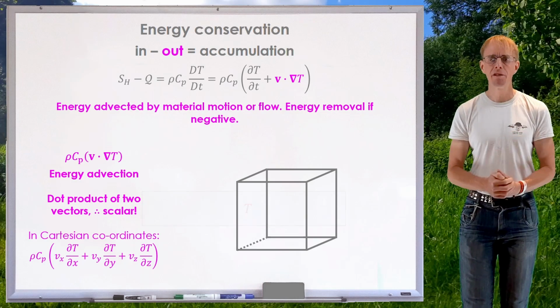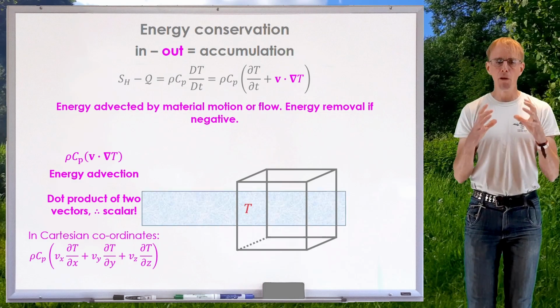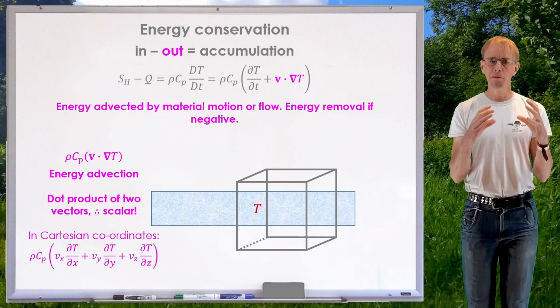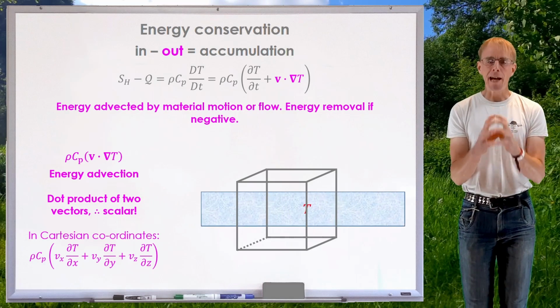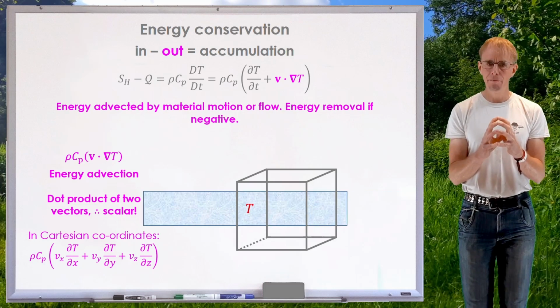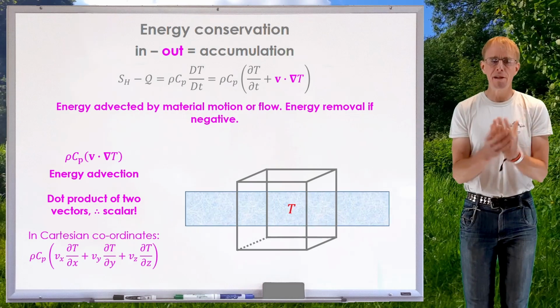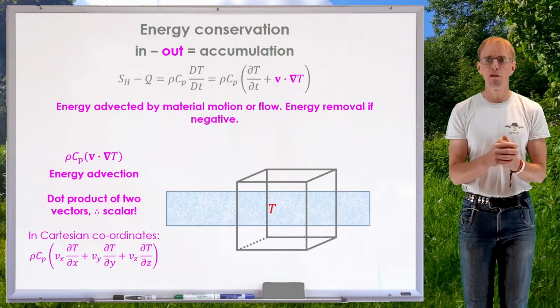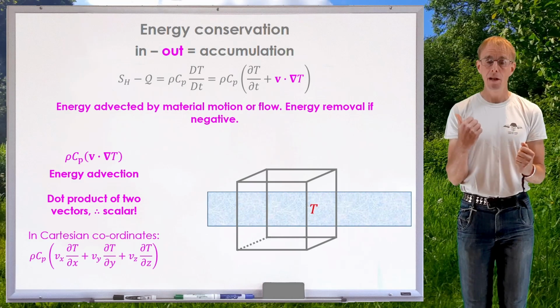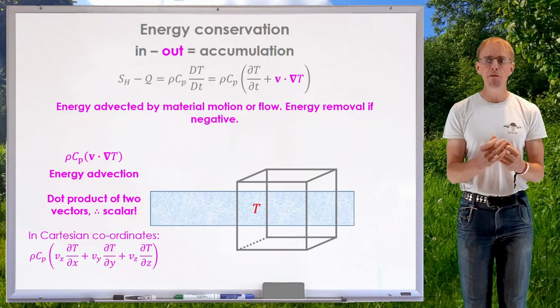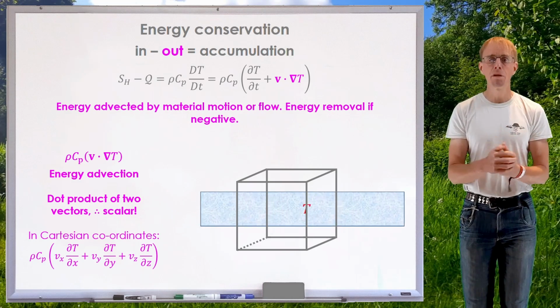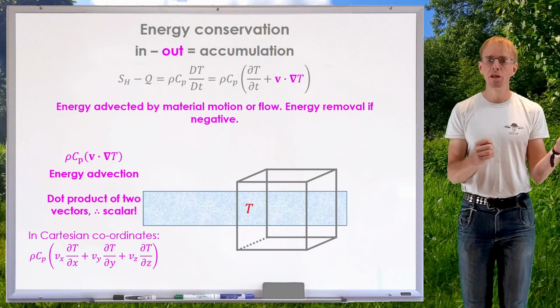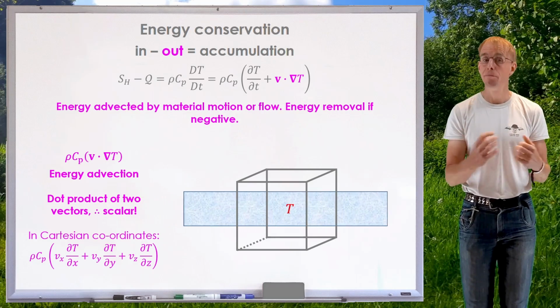Again, let's think about this diagrammatically. There's my polymer film. It's a thin film. It's encapsulated by my little control volume, and the control volume sits all the way around it. And the film is coming in one side of my control volume and leaving the other. And as we can see, if there's other heat loss processes going on, the temperature that comes in is going to be different to the temperature going out.